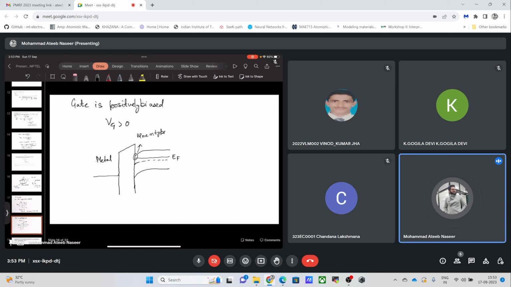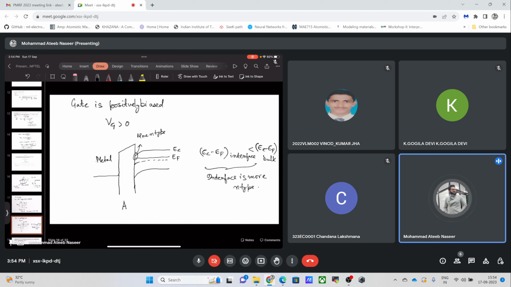You can clearly see that EC minus EF at the interface is less than EC minus EF in the bulk, which means the interface is more n-type. So this case is for accumulation.